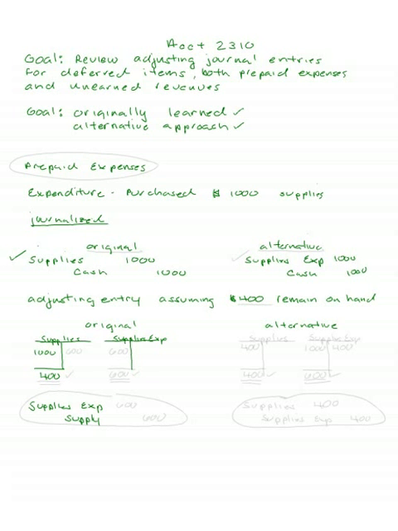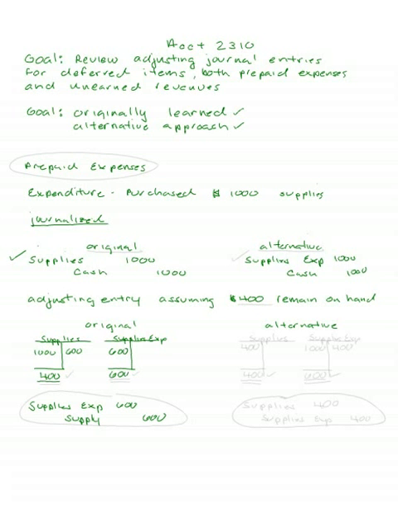My picture tells me supplies have a balance of $400 according to the data. What is the journal entry that will make the supplies account have a balance of $400? Well, you can see right away that I need to credit supplies for $600 and debit supplies expense for $600. So I'll make that entry, and then I'll note where my account balances are.